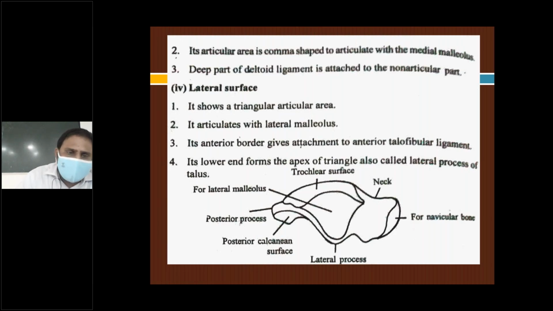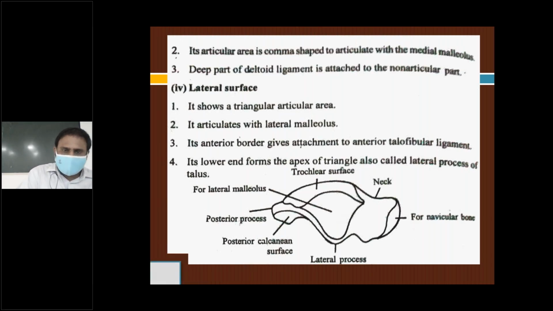Its lower end, the apex of the triangle, is also called the lateral process of the talus.